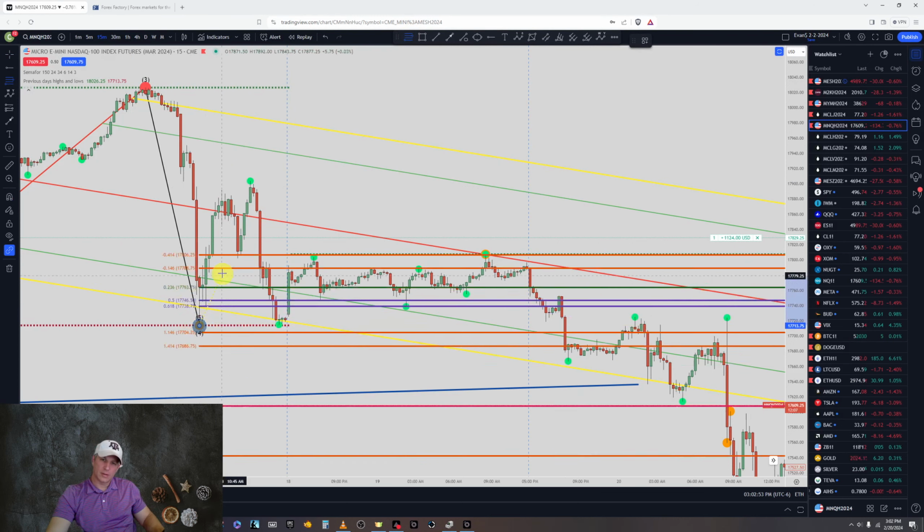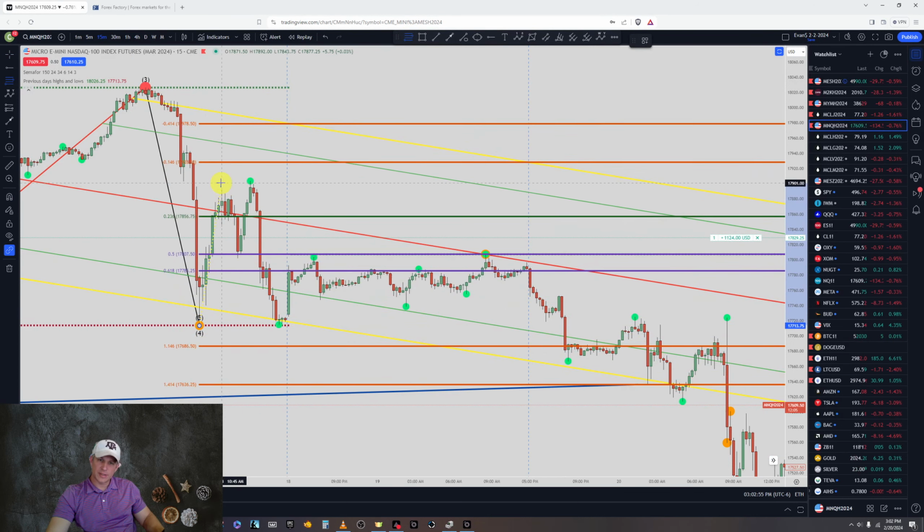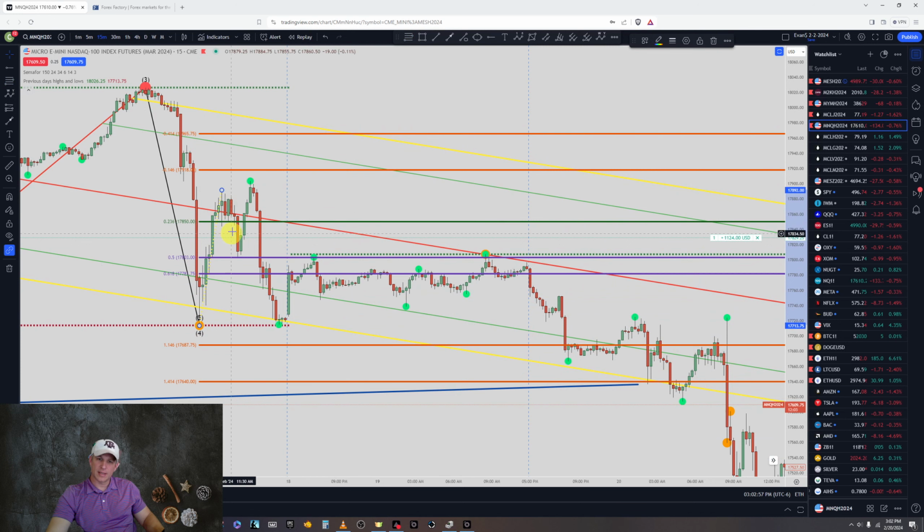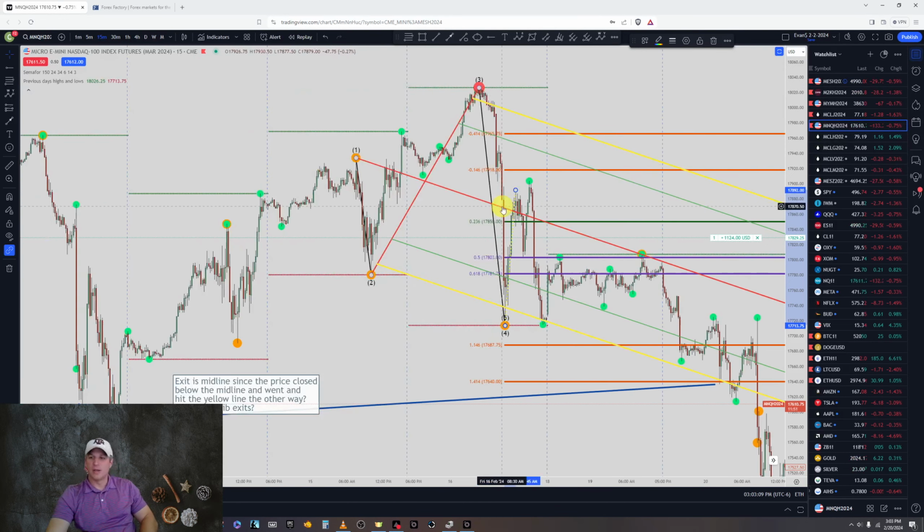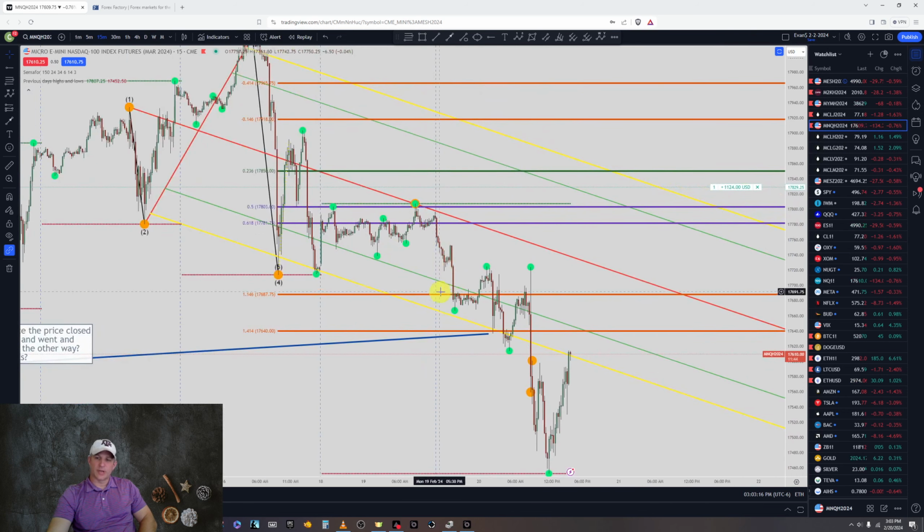So price closed above it, and it came down, hit the 23.6, also hit the 50, and then came down and would have hit the previous highs close right there for a win. But is that really where you keep it, or do we only take it into consideration when price comes down and hits the 1.146, then the exit moves up here to the 23.6?